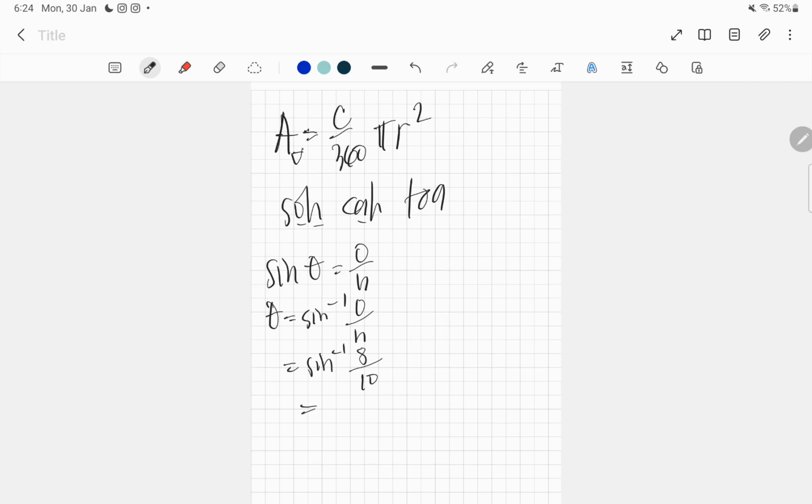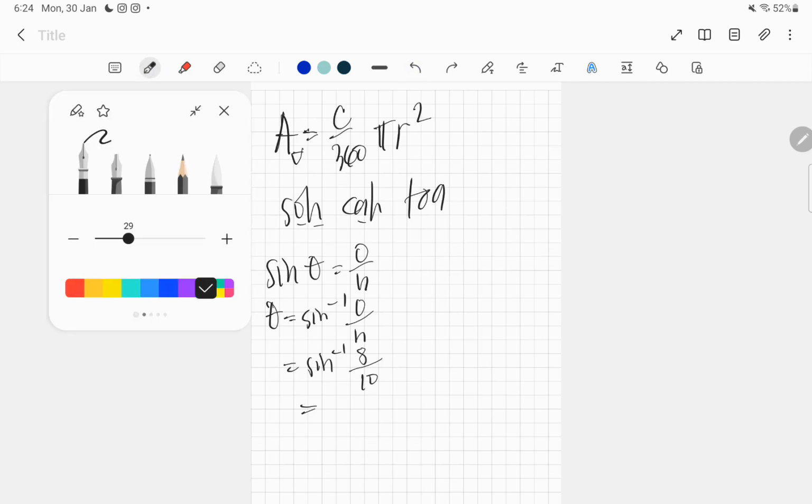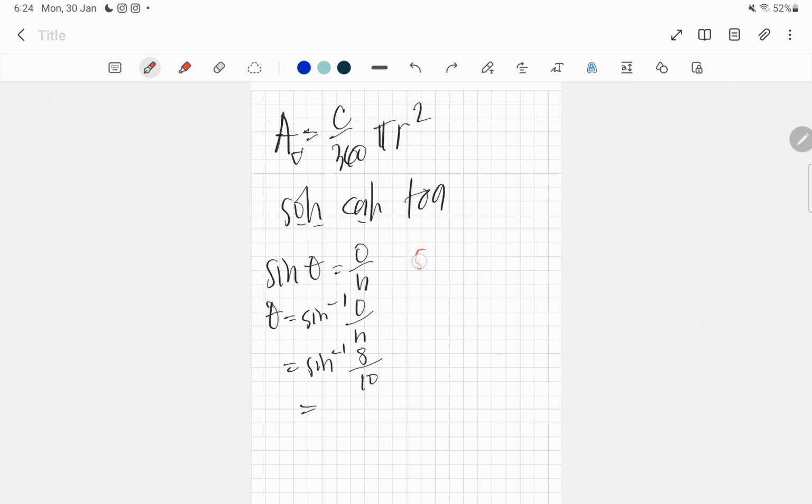Okay, using your calculator, input shift, then sine. Yung may dalawang box. Then, input nyo yung 8 over 10.